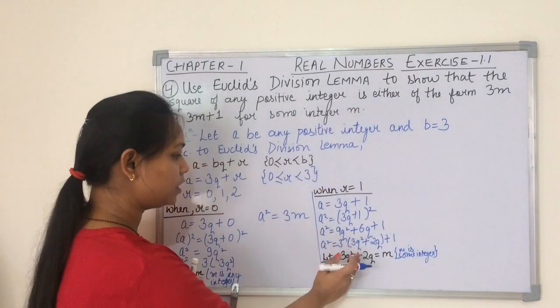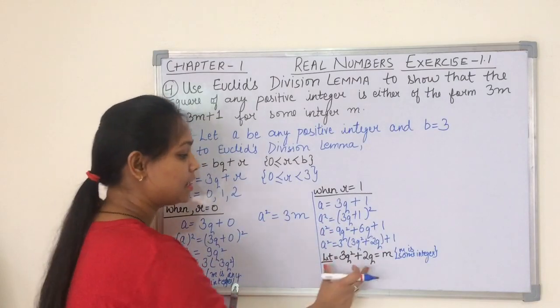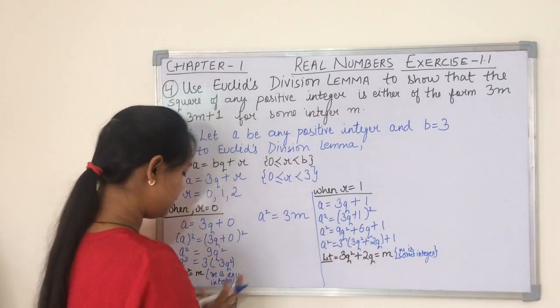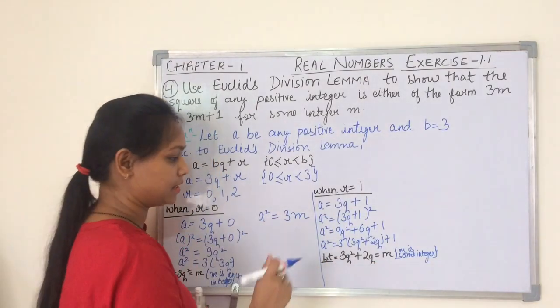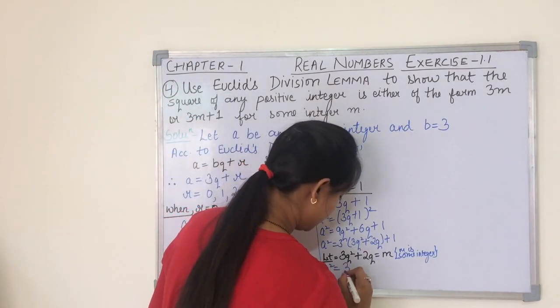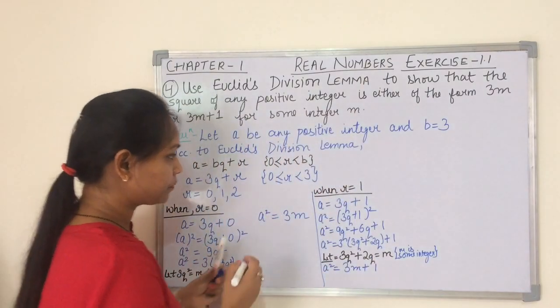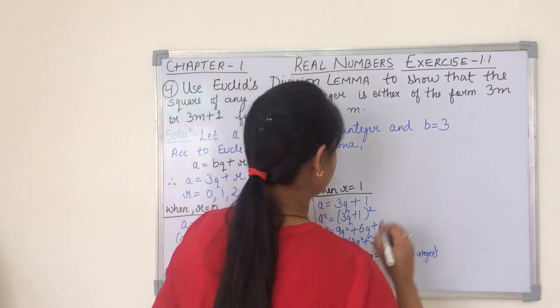Now see, in both the cases we have taken m as an integer, but the value of m is different since both are different cases. Then here the value of a square will be 3m plus 1. Got it?